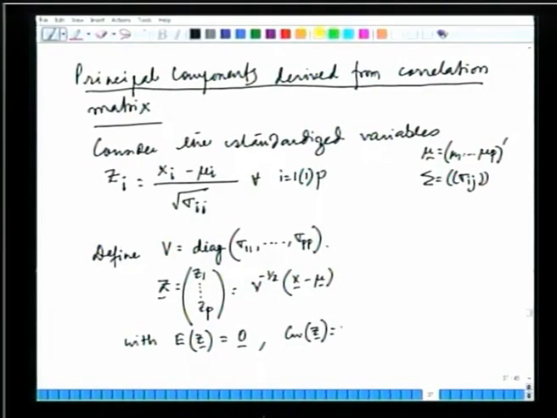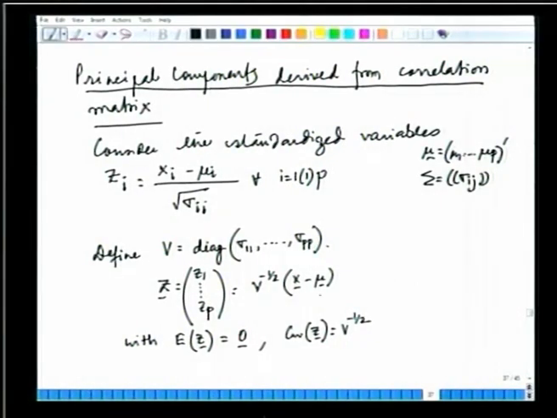Well, this is V^(-1/2) times the covariance of (x - mu), which is the same as the covariance of x, which is sigma, and then V^(-1/2) again. And what is that?